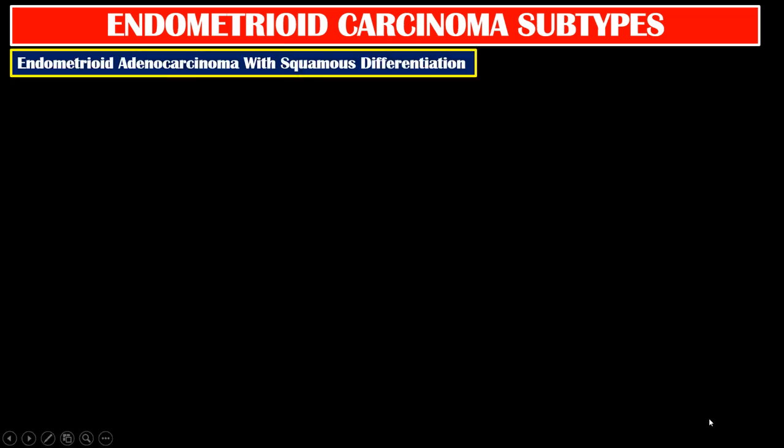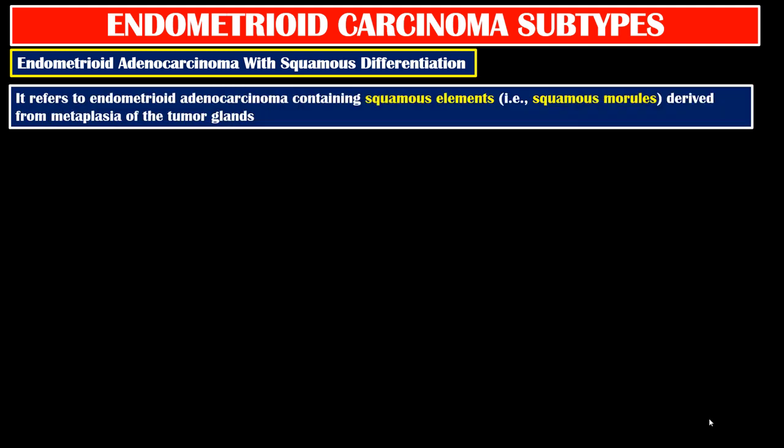Endometrioid adenocarcinoma with squamous differentiation. It refers to endometrioid adenocarcinoma containing squamous elements, that is, squamous morules, derived from metaplasia of the tumor glands.